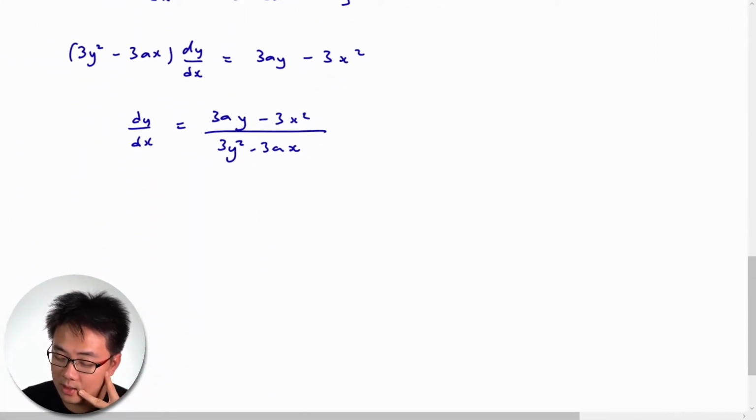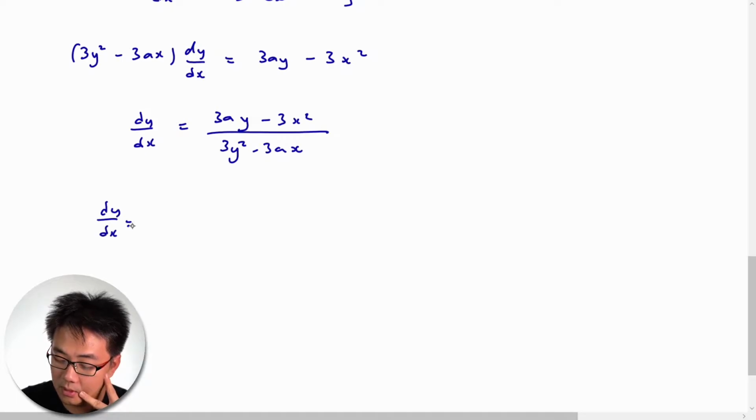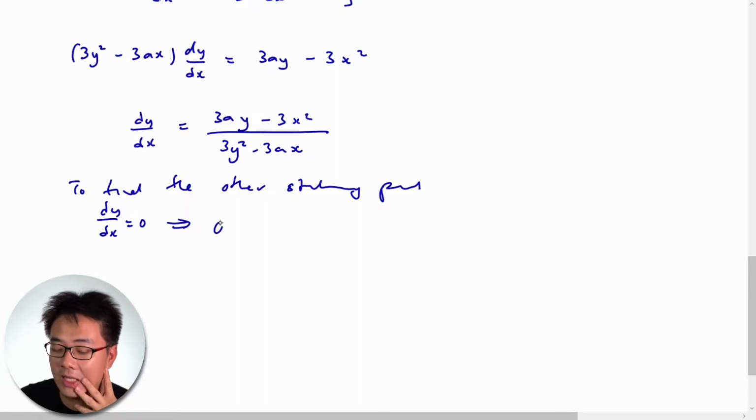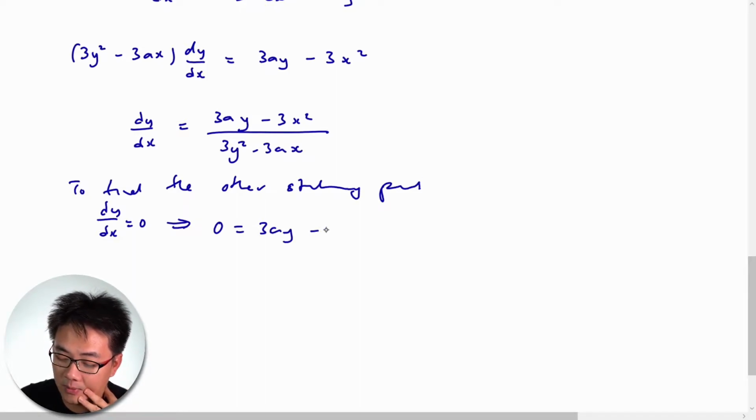So what I'm going to do is let dy/dx equal 0, to find the other stationary point. This is the important part. We get 0 equals 3ay minus 3x squared.